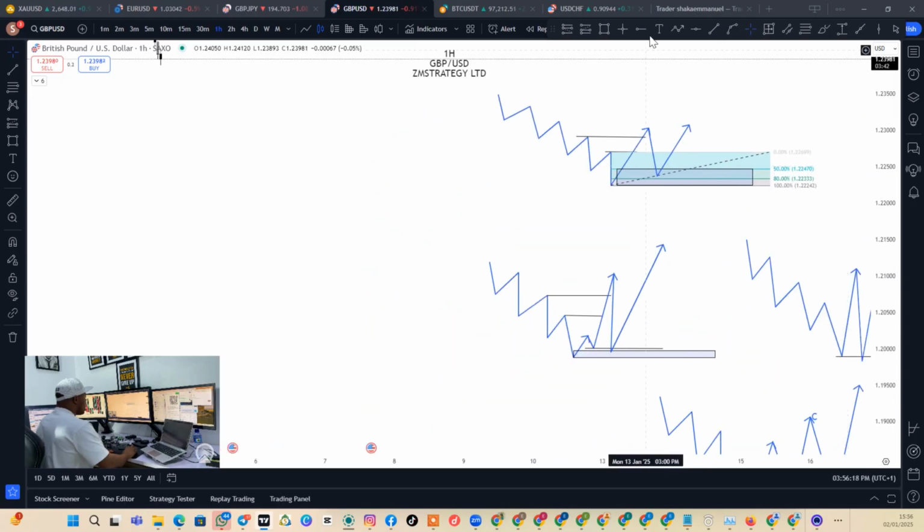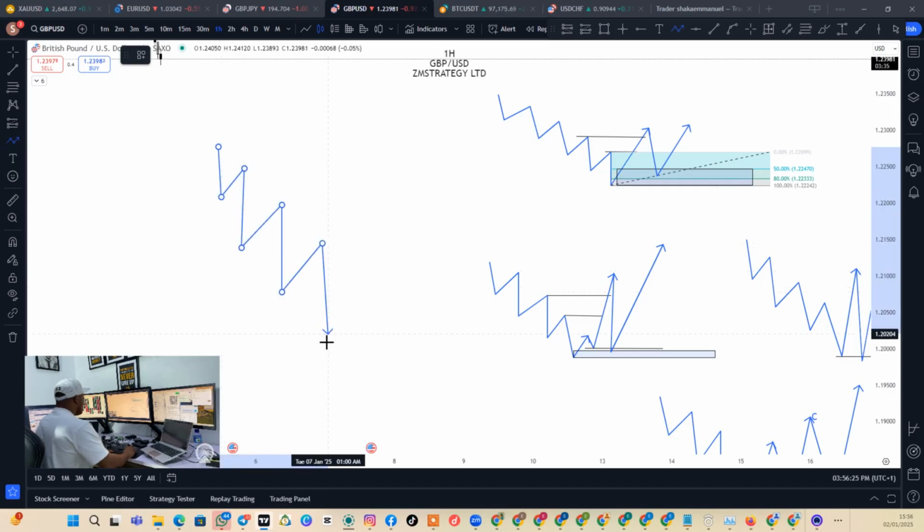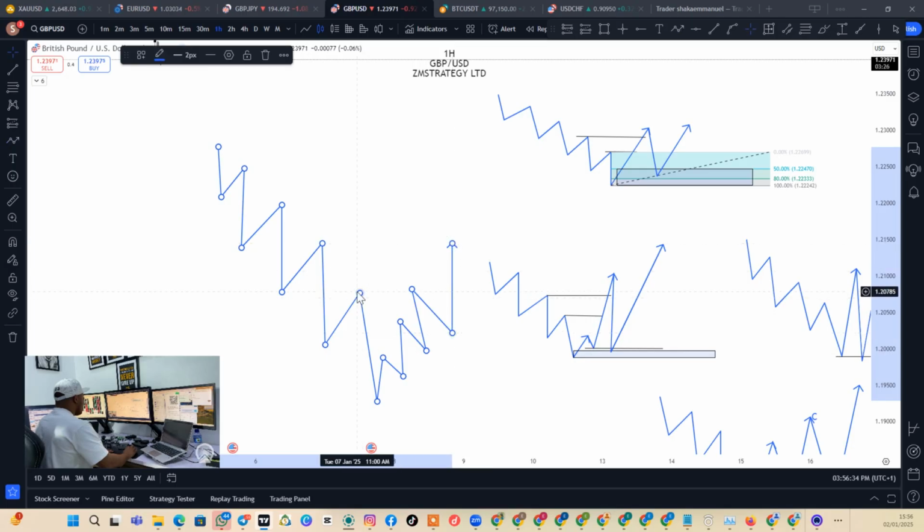Now there are some cases whereby you will see many B legs, in the sense that we have the market giving us like this, like this, like this, before you break. In this case we have gotten so many B legs.